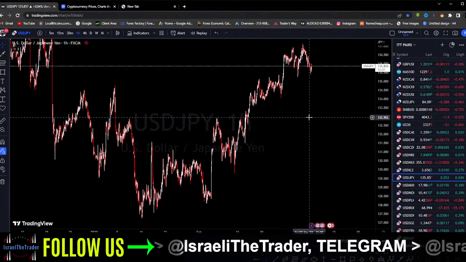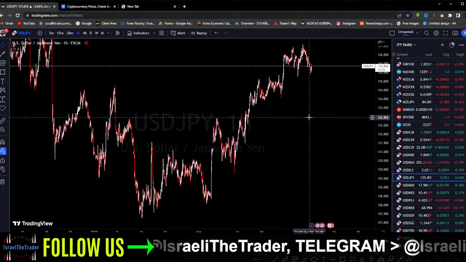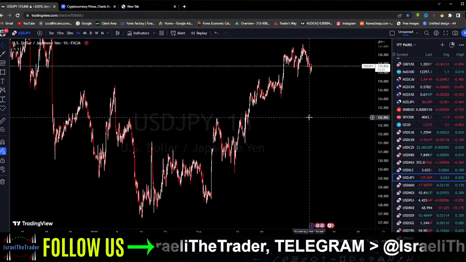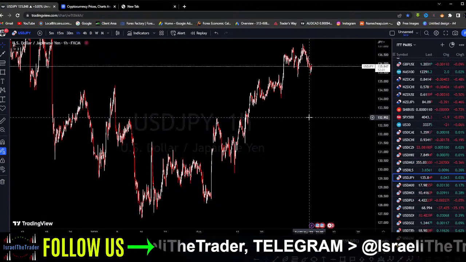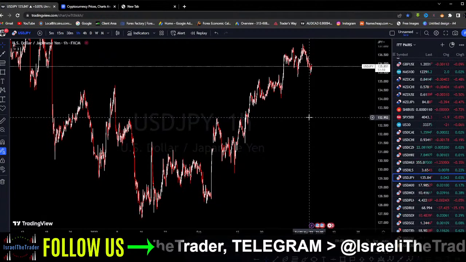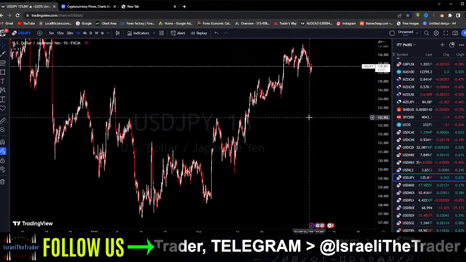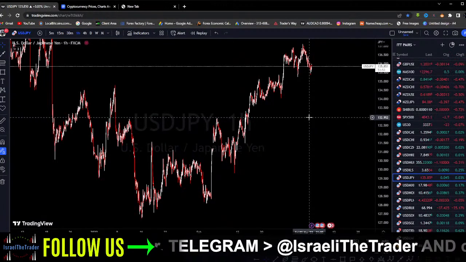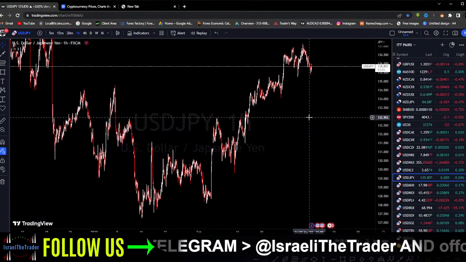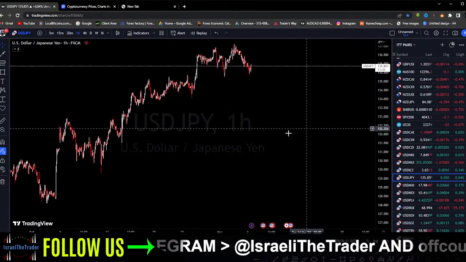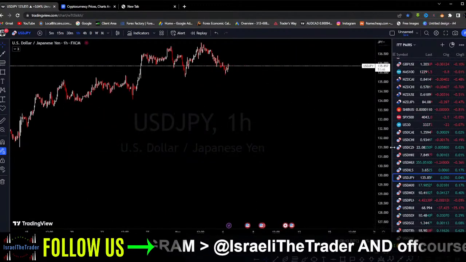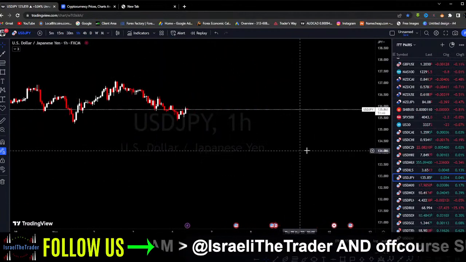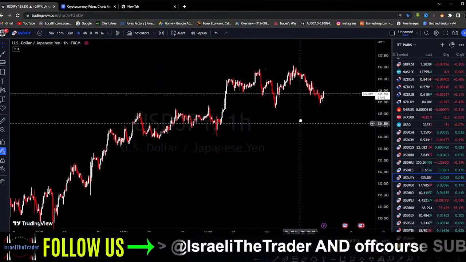So you have to know how DXY is moving, because DXY will determine the movement of USD pairs. How strong USD is going to be, how weak USD is going to be, and so on and so forth. But right now this is USD JPY.